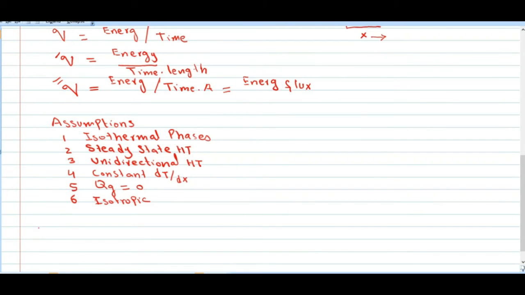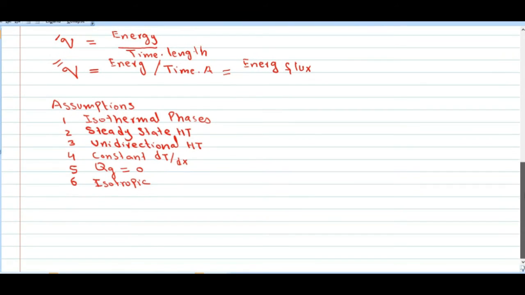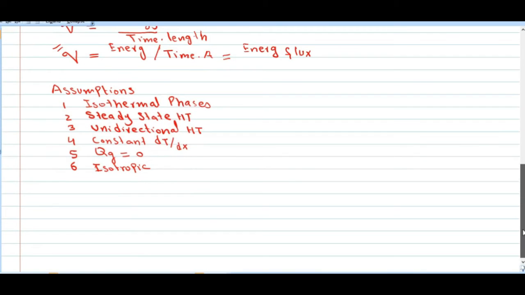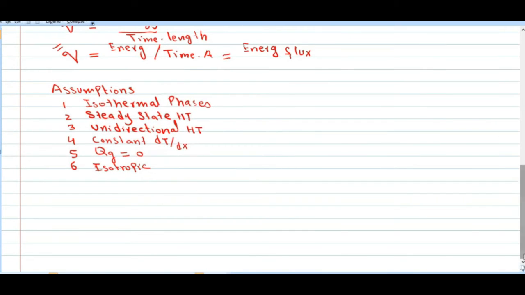An important concept is the thermal resistance. When we define Fourier's law, we should also define thermal resistance, and this is an important concept which is necessary to understand for the solution of some practical problems.